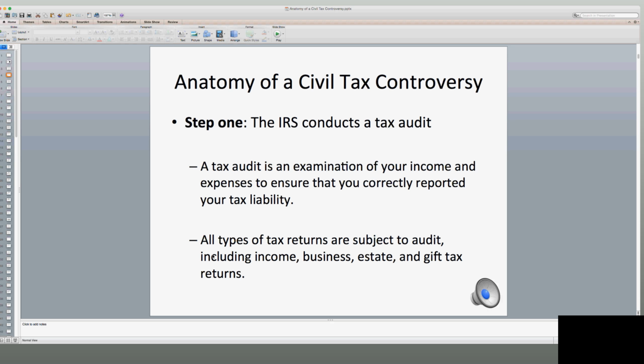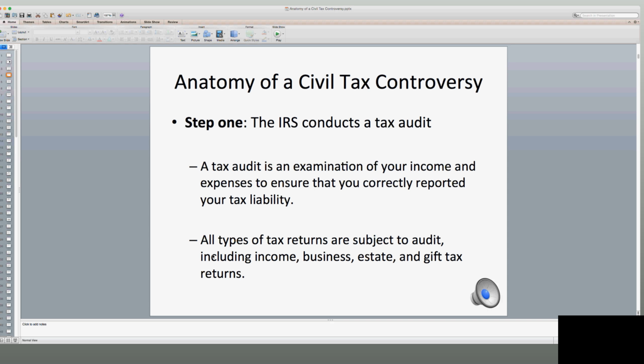In step one, the IRS conducts a tax audit. Now, everybody has a different interpretation of what this means, but the technical definition of a tax audit is that it's an examination of the taxpayer's income and expenses to ensure that the taxpayer correctly reported his or her tax liability.